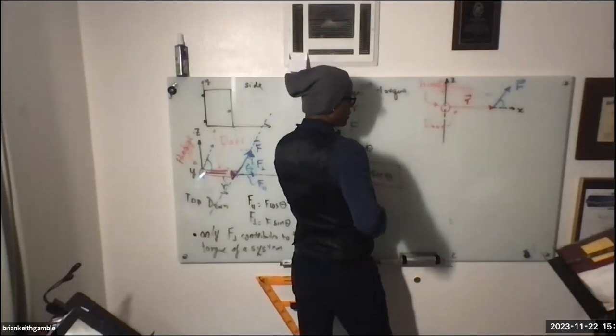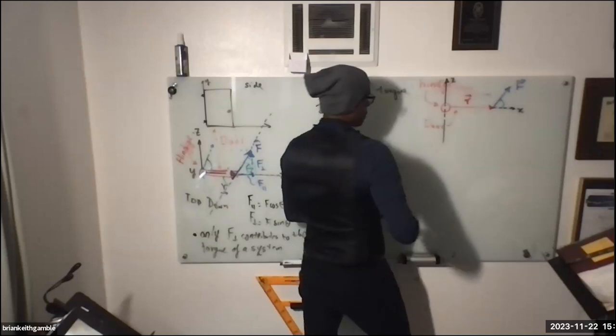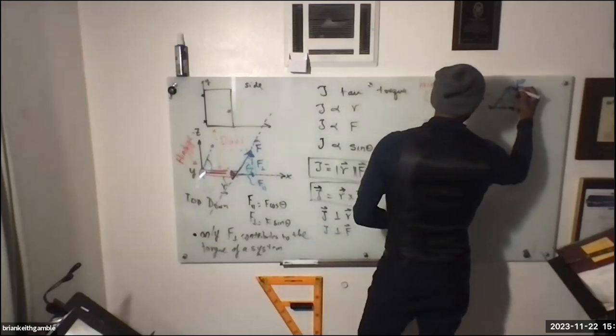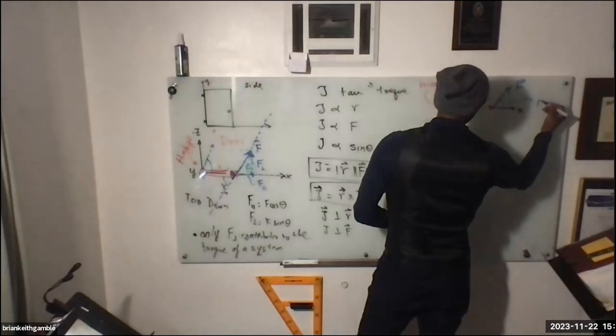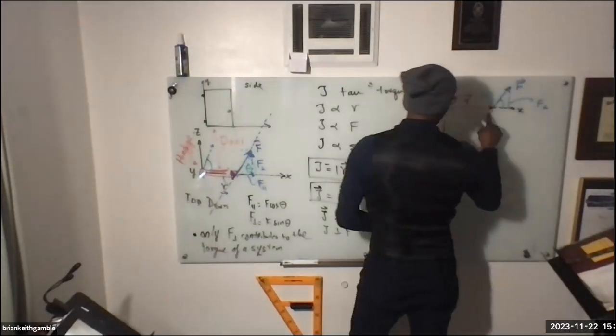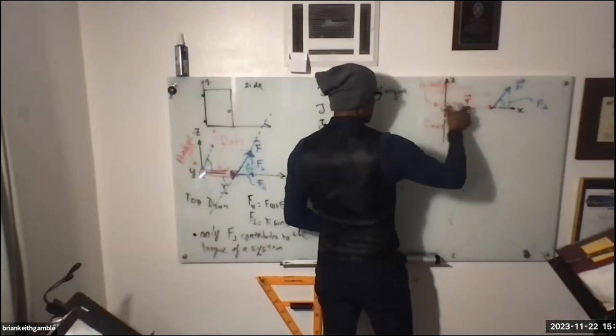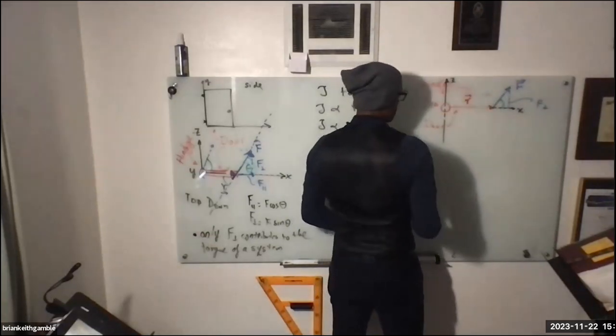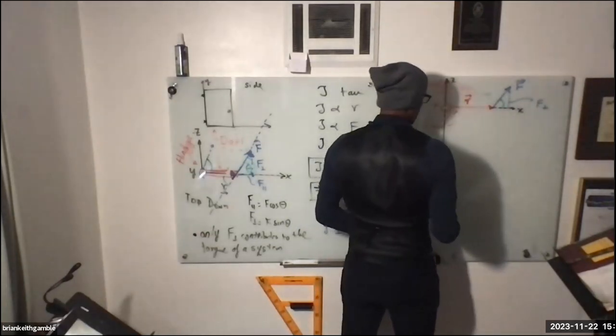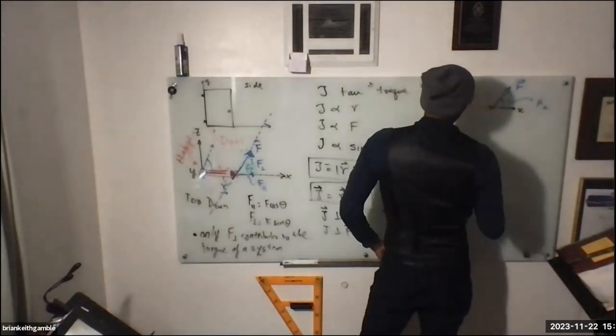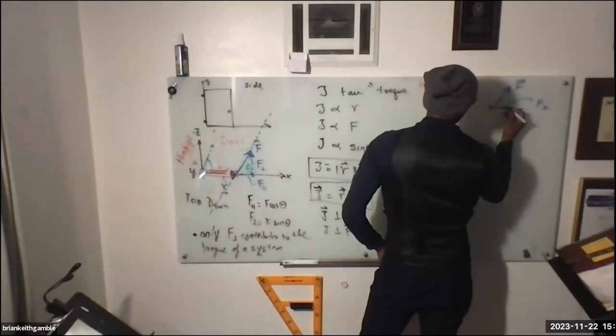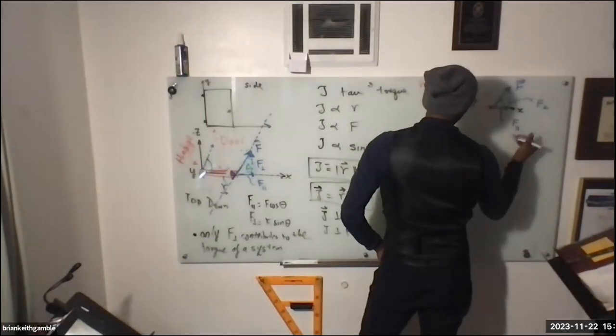A component that is perpendicular to the door. Remember, r represents the length along the door, and a vector that is parallel to the door or anti-parallel.